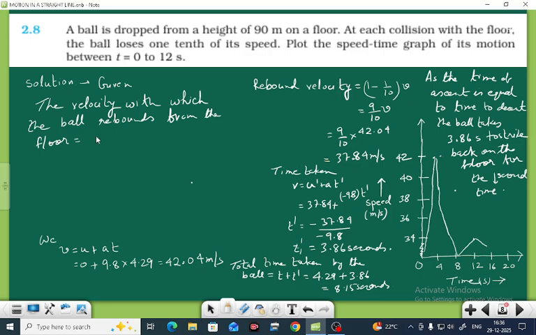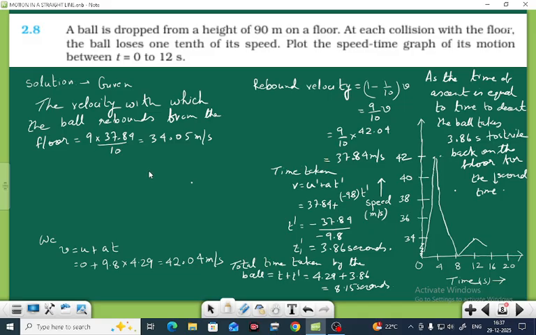It is equal to 9 by 10 times 37.84, which is 34.05 meter per second.